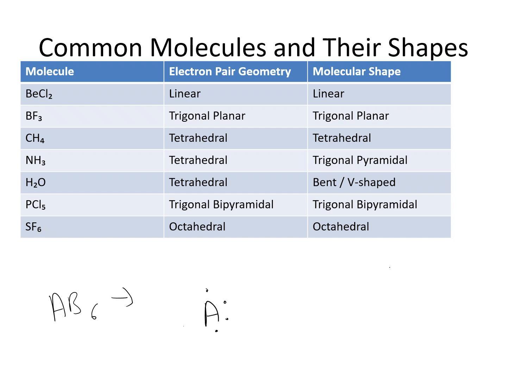It has 6 valence shell electrons which form bonds with another 6 valence shell electrons to complete their octet. This is an octahedral geometry. Okay, an example of octahedral geometry is SF6.